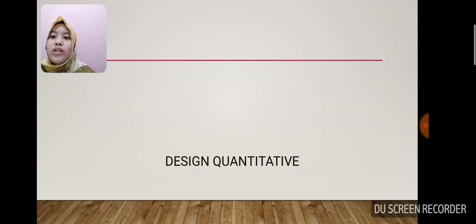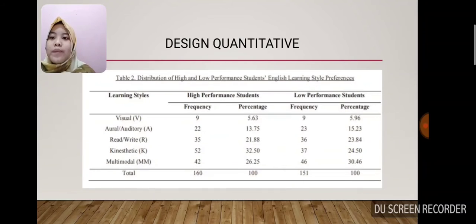And Table 2, also under quantitative, is the distribution of high and low performance students' English learning style preference. Same as Table 1, but a little bit different: kinesthetic and multimodal still have higher percentages. Kinesthetic has 24.50% and multimodal is higher than kinesthetic, with 30.56%.